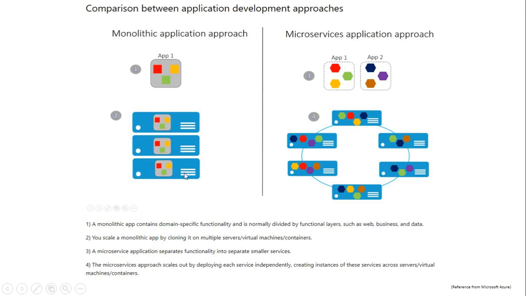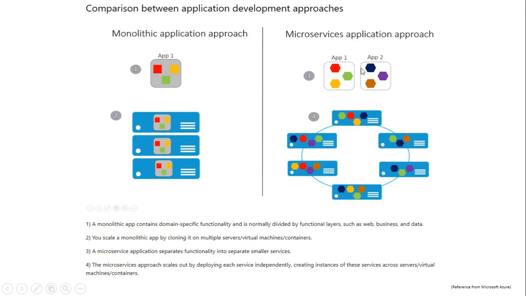In number two, you can scale a monolithic app by cloning it on multiple servers, virtual machines, or containers. The same one app is scaled into three different servers, behind a load balancer or something similar.